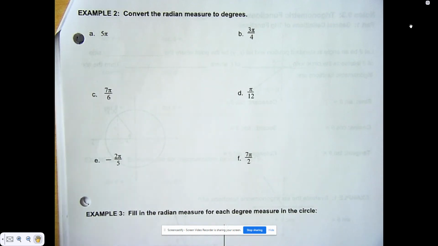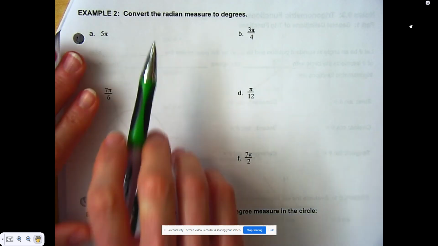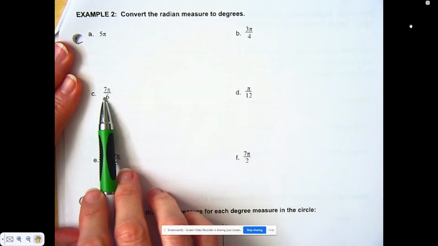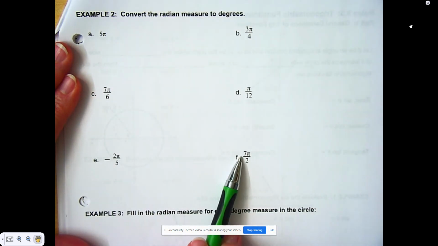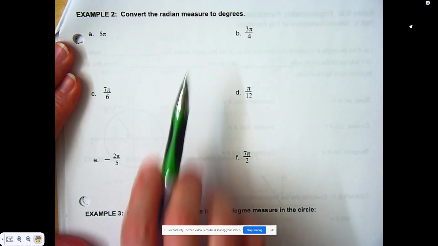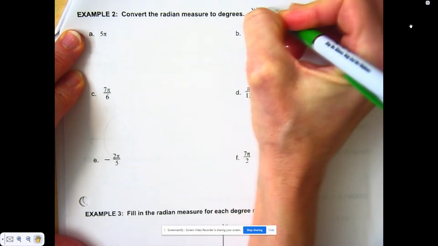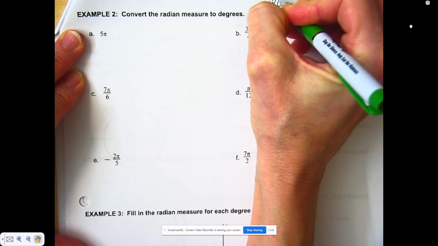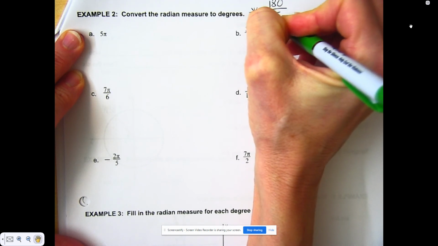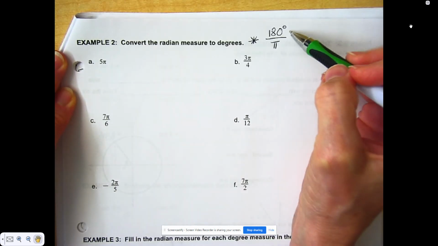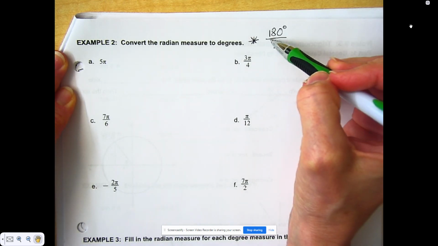Okay, let's keep going. So this is the same idea, but we're going the other way. We're starting with radians. All of these are radian measures, and you know that because they have a pi in them. And we're converting to degrees. So this time we want to multiply by 180 degrees over pi. We want to end up with degrees, so we put that on the top.